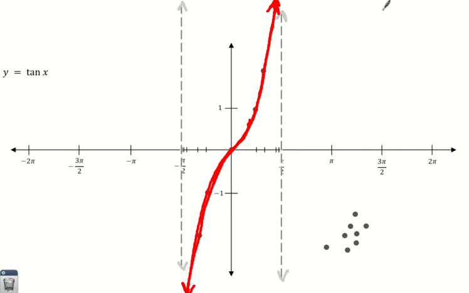Let's see. Right here. Wait. Another pi would be here. So there'd actually be yet another. Why am I doing this with the mouse? There'd be another vertical asymptote there. There'd be another vertical asymptote here where a point doesn't exist.